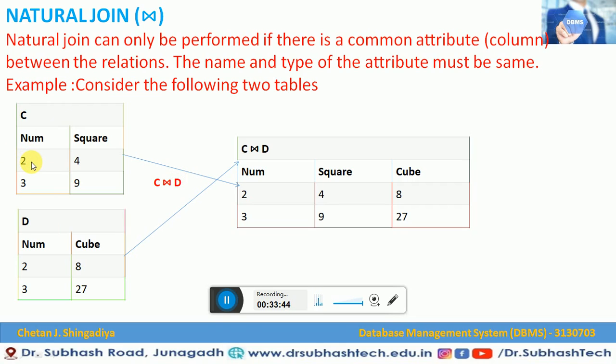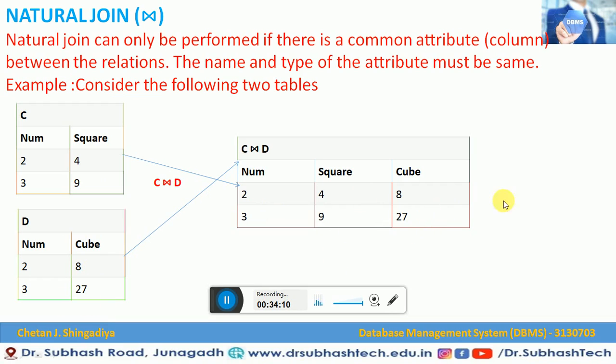Here is a num, there is a num, so that column is matched. Here is a 2, there is a 2, so that record is matched. So 2 we write only once, because the common num column is written only once, and then 4, 8, because that column is matched. Similarly 3, here there is a 3, 9 and 27.